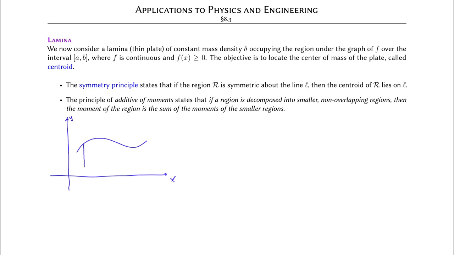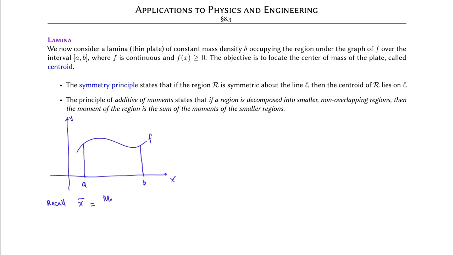Suppose we have the positive function f, which is above the x-axis, and the region from a to b under the curve f. Suppose this region represents the lamina, and we're interested in the centroid of this lamina.